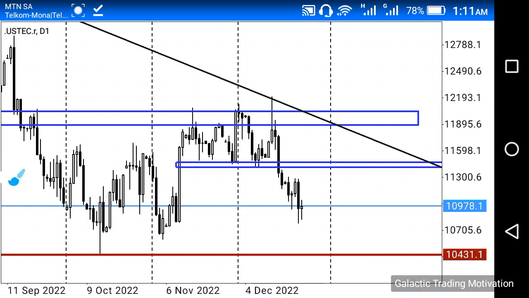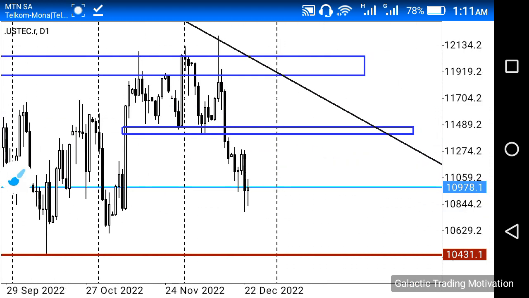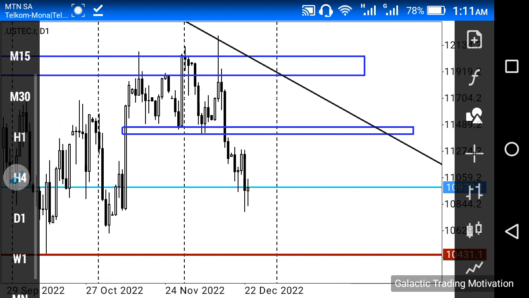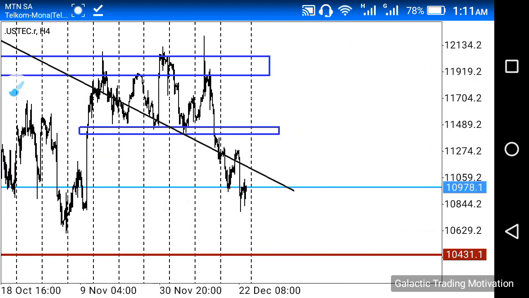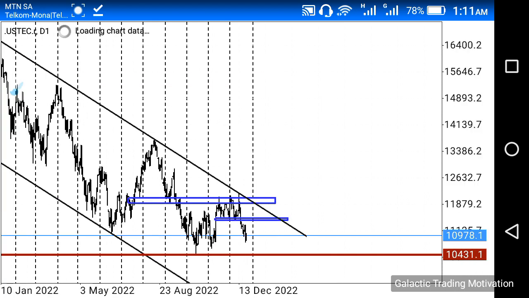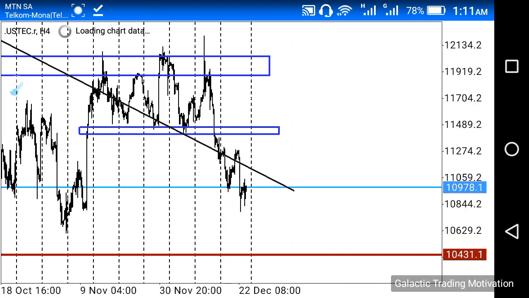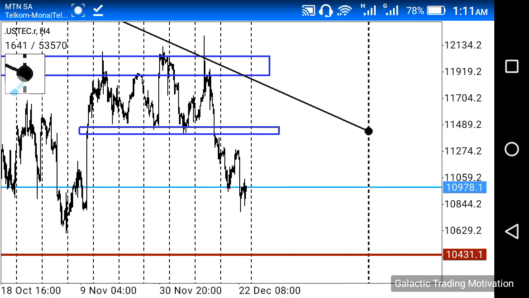Anyway, let's proceed, guys. So what else do we see, guys, in regards to this particular chart? At this point, really, I don't see much. So what I will do now is head down to the H4 chart. On the H4 chart, I'm just going to fix my channel, so just bear with me, guys, while I do so.